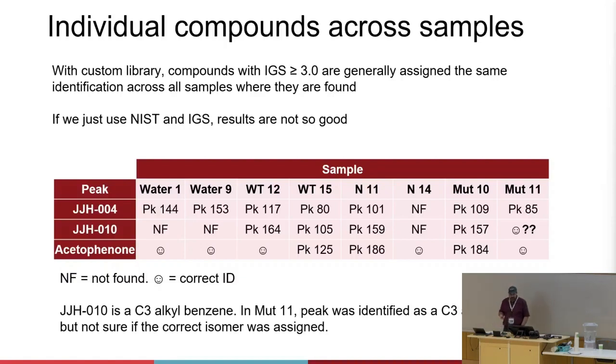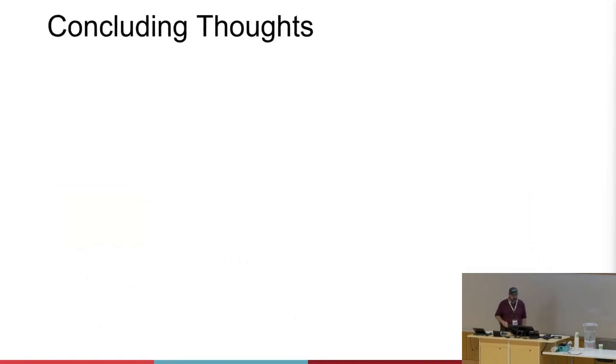So just a couple concluding thoughts as we wrap things up here. You should really build your own MS library that includes retention index data collected on your system and search that first. That will really help you get really precise retention indices and let you really tighten the retention index window of what's an acceptable shift.